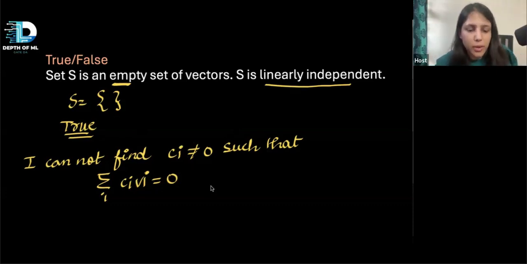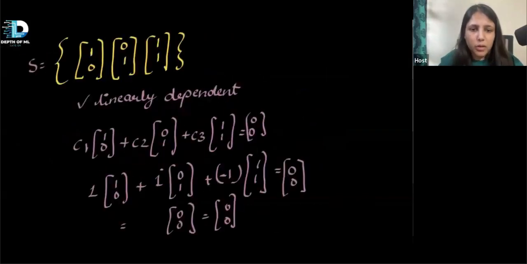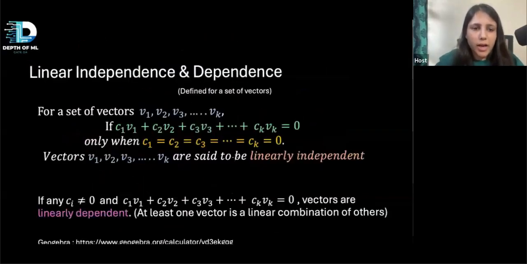Is this clear to everyone? I will go back to the definition again. It's saying that for a set of vectors v1, v2, v3, up to vk, if the linear combination sum of Ci Vi is equal to 0 only when C1 = C2 = C3 = ... = Ck = 0, meaning only when I have a trivial solution, then I will say that v1, v2, v3 and vk are linearly independent.